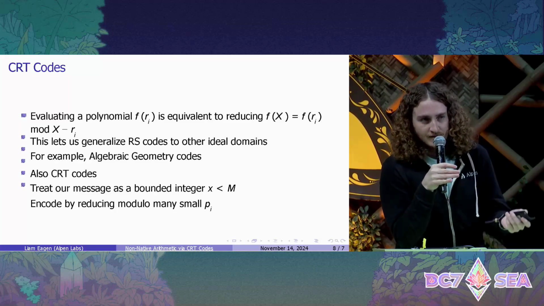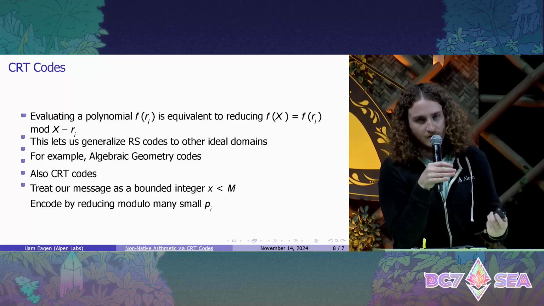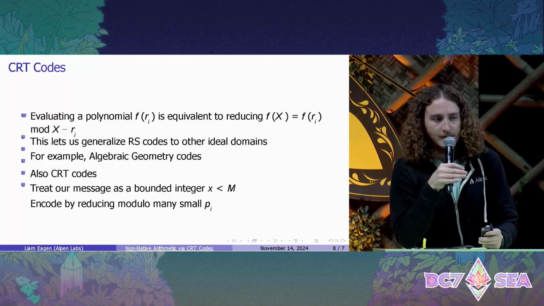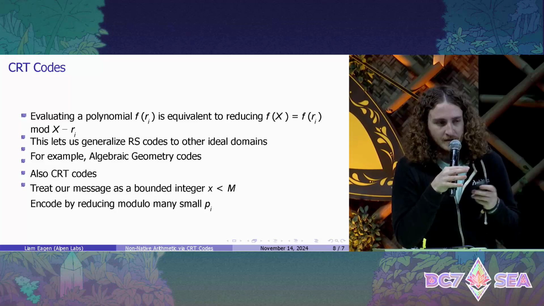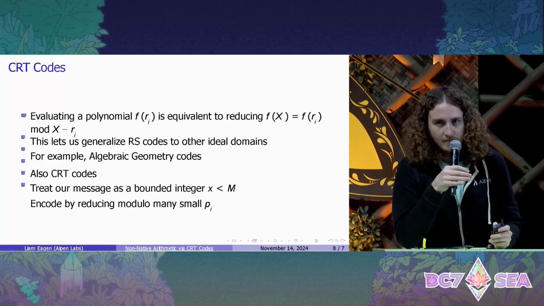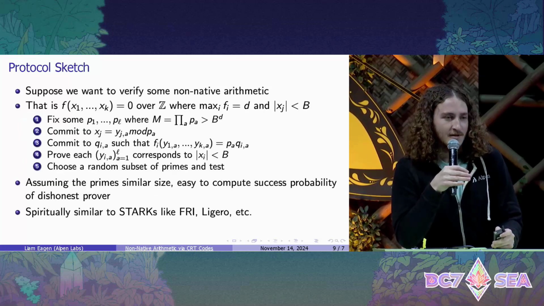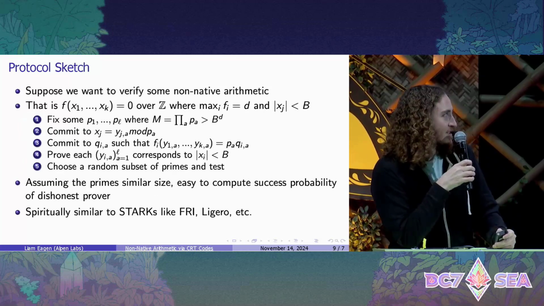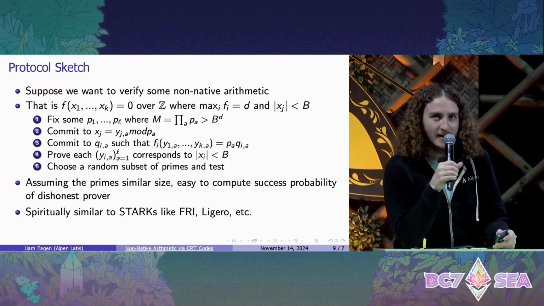So you're taking an integer, reducing it mod a bunch of small primes, keeping the residues, and you can just work with those. And for those who are familiar, there's a lot of similarities here with how STARKs work and other kinds of algebraic proof stuff.